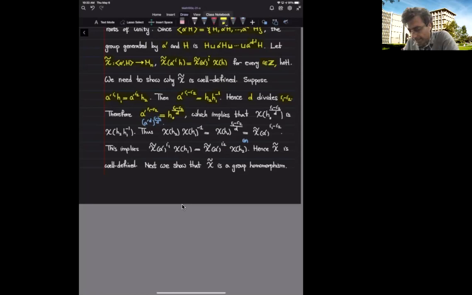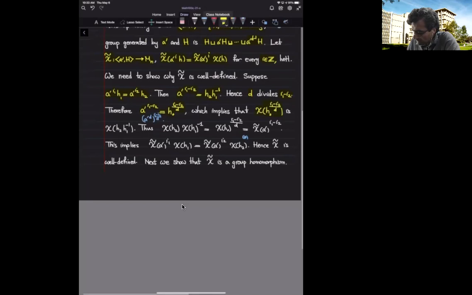Therefore, when I apply chi to both sides, I know that A prime raised to power I1 minus I2 is H2 times H1 inverse, and that chi is H naught to power (I1 minus I2) over D. So chi of this is the same as chi of H2 times H1 inverse.